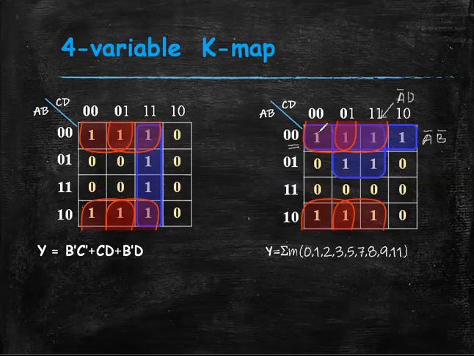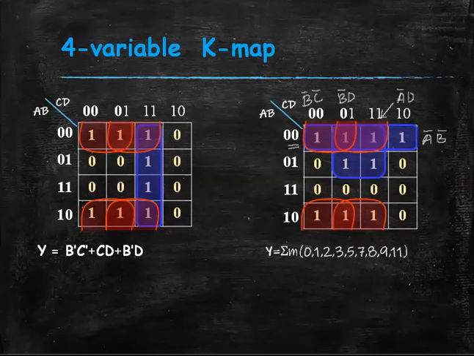And for this red one we obtained in the previous case, that is B bar C bar, and this one B bar D. Then the result must be the sum of these quantities.